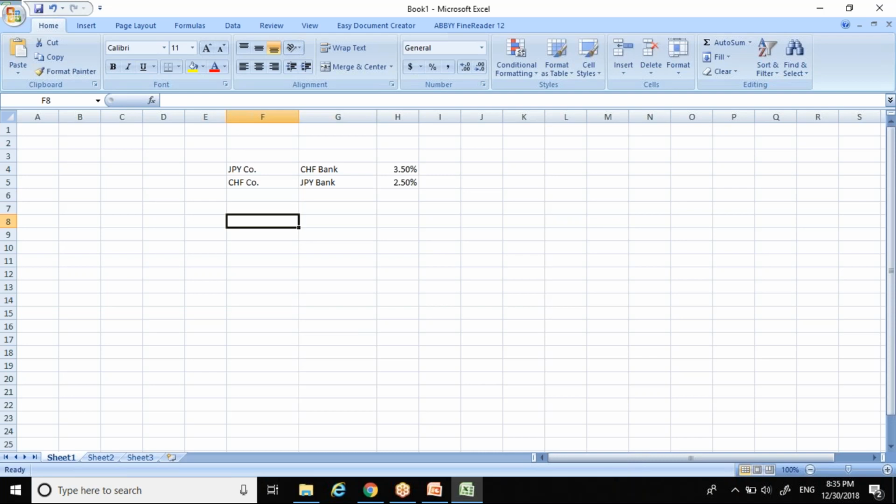But when the JPY company asked the JPY bank, they said that we can give you at 2%. Now why are they giving at 2% JPY into JPY? Because the banks are giving local loans to local companies and they don't have currency volatility risk.